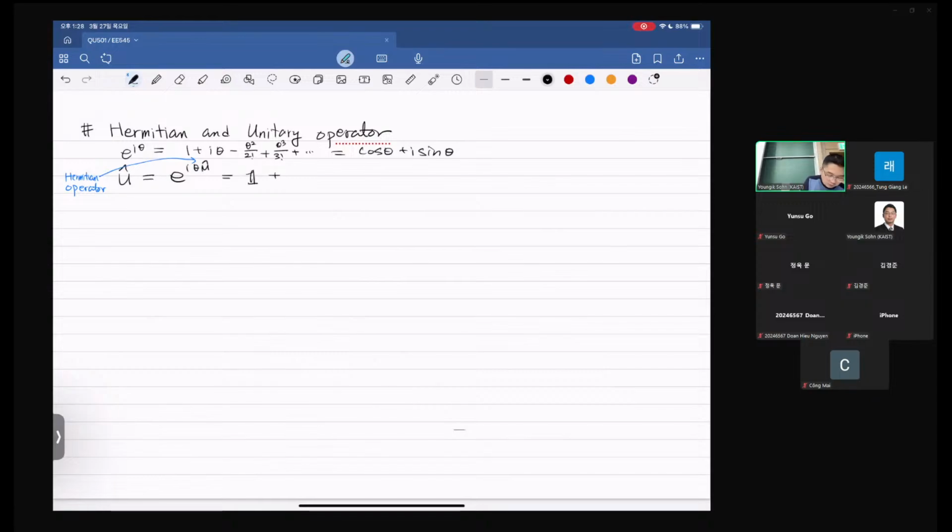So we learned it, right? This is how you exponentiate an operator. And so on, right? And you will evaluate, one second.